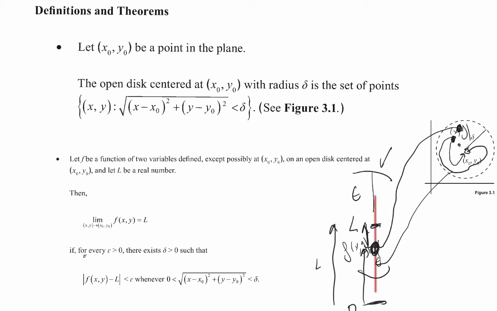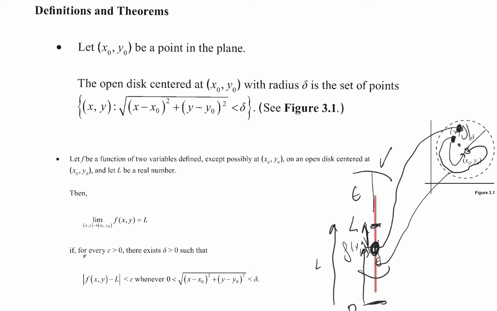So the distance between the point x0, y0, the center, and the point x, y is less than delta. It's a complicated definition that is not very useful.